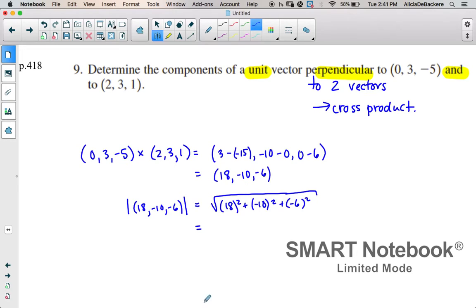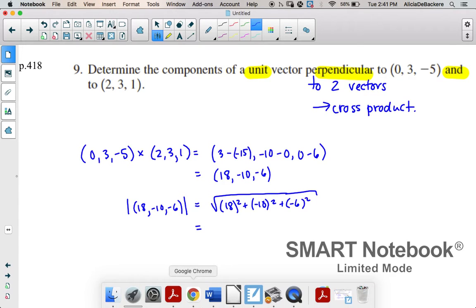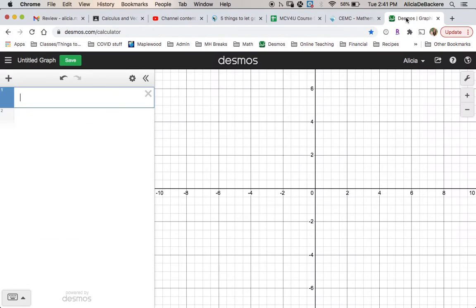And so we've got 18 squared plus 136. I'm just going to go over here. So we get 324 plus that 136 is 460.